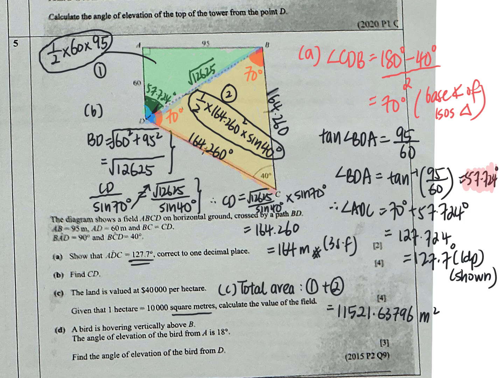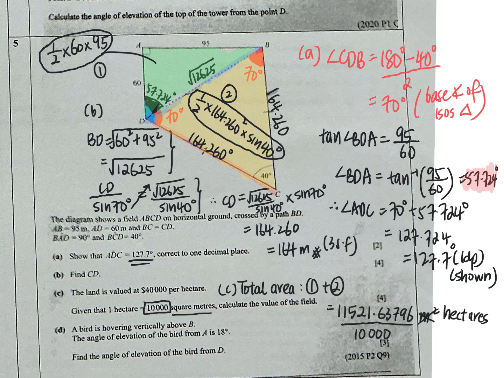But you can convert it to hectares first. So every 10,000 square meters is 1 hectare. So to convert it to hectares, you divide by 10,000. It's another unit of measurement for area.